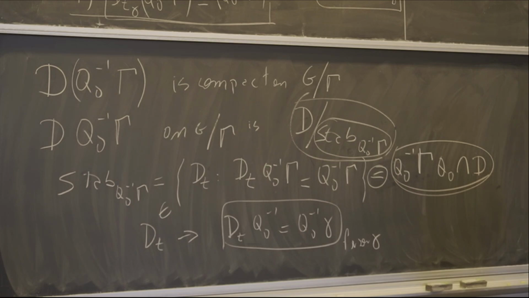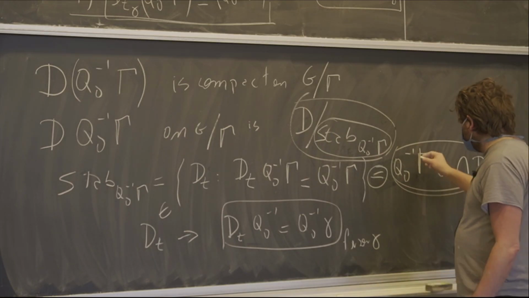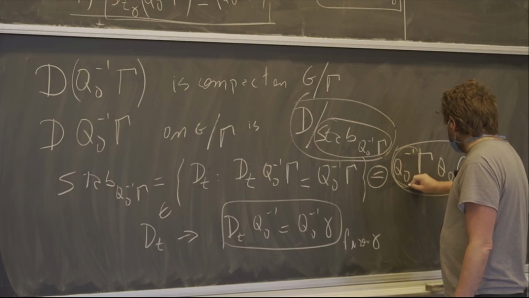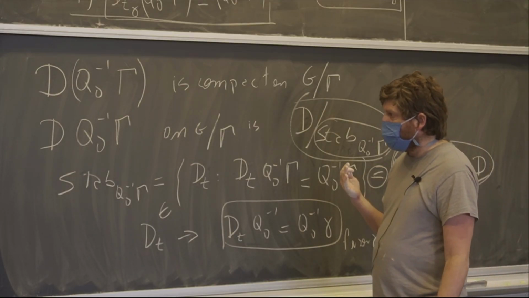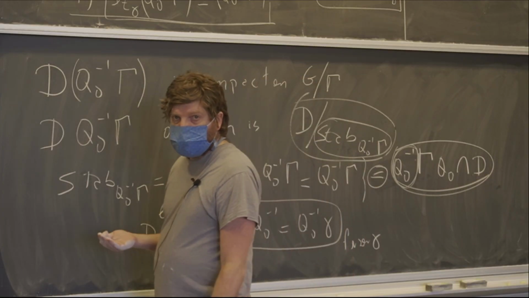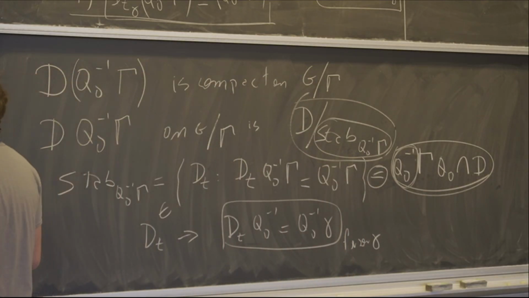So that's how you bring the compact orbits. And here is a very important guy, which started all the game, which is this Q naught inverse guy. So it's the guy diagonalizing the gamma matrix. Okay.